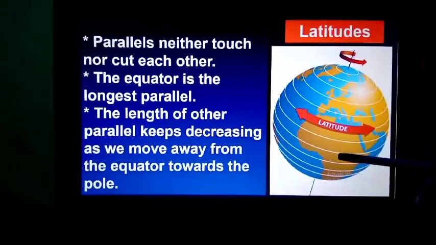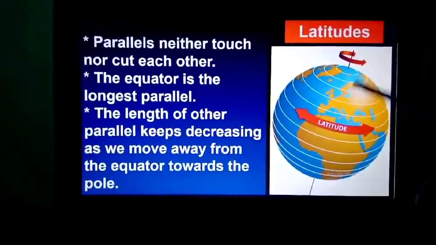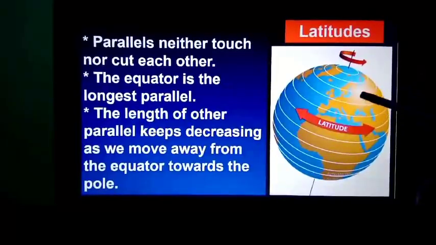Students, you see in this picture, this is our equator, and as we move towards the north pole, you can see here the length of parallels keeps decreasing. See this parallel, then this, then this, then this, then this. As we go up towards the pole, it keeps decreasing.